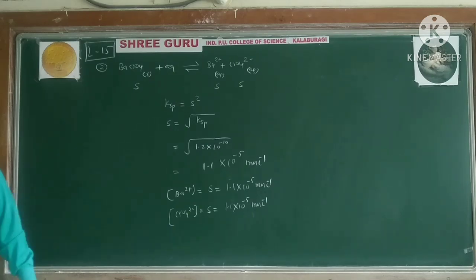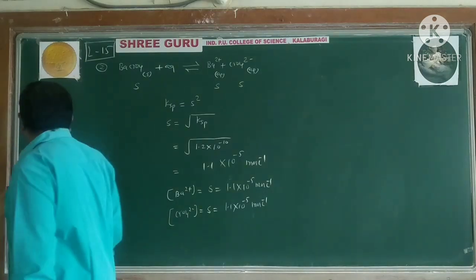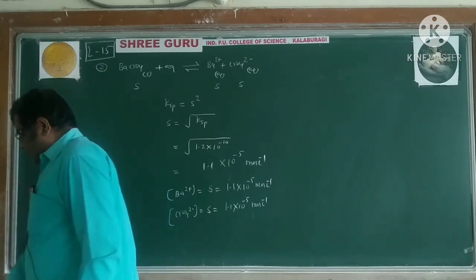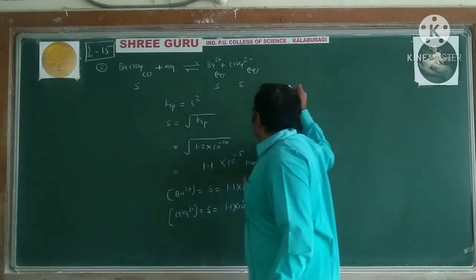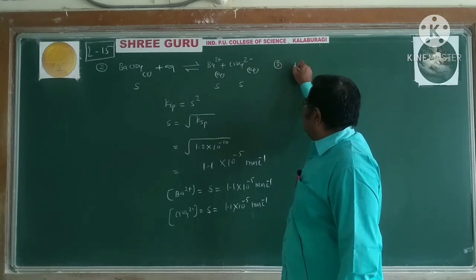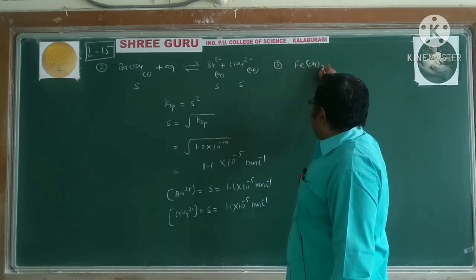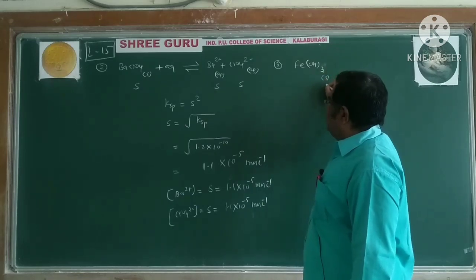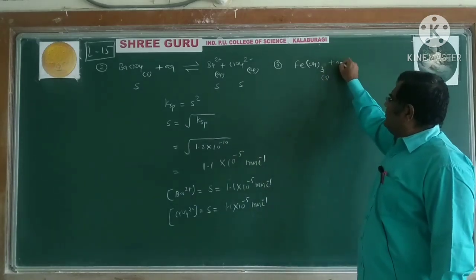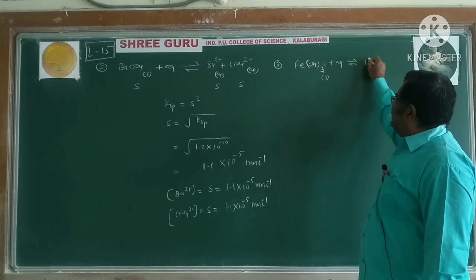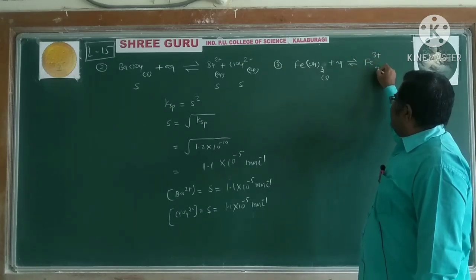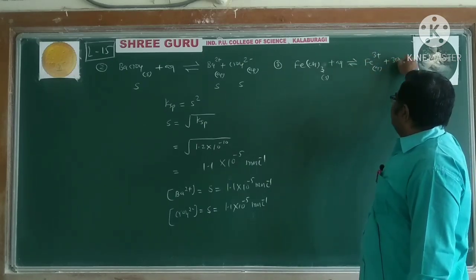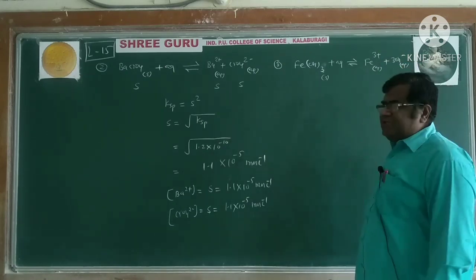Then comes the ferric hydroxide, part 3, ferric hydroxide. Fe(OH)3 gives Fe3+ aqueous plus OH negative aqueous.